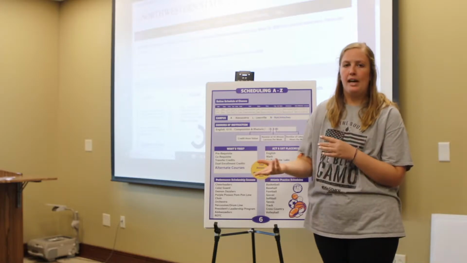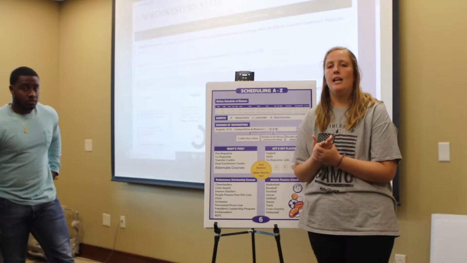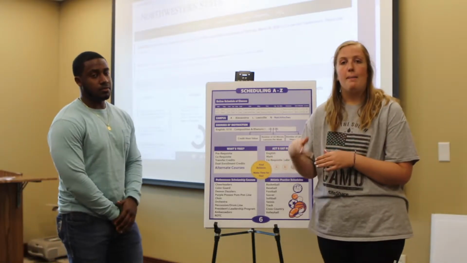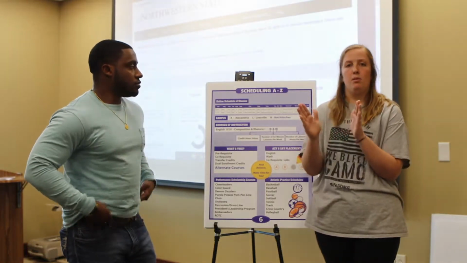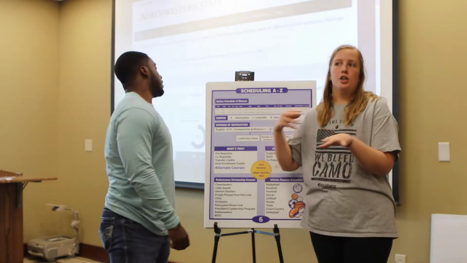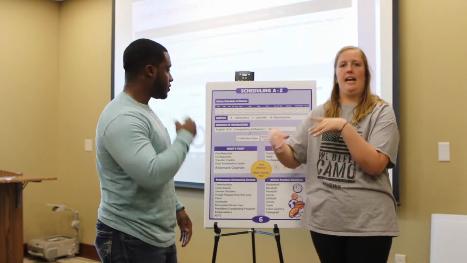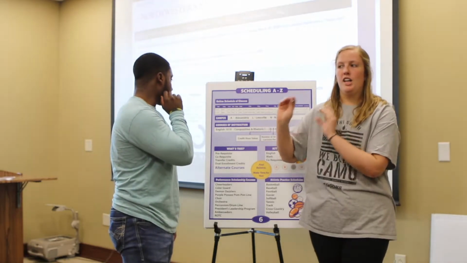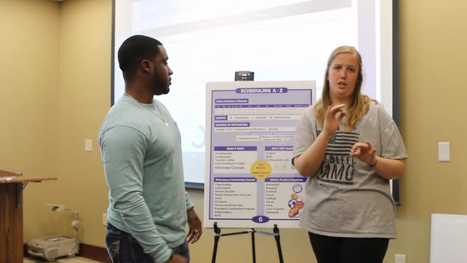With your math class, you might take a math lab with it to give you extra help, and same thing with English. You might have an English lab to make sure you're getting extra help with your core classes, so when you move on to your major courses, you're good to go.